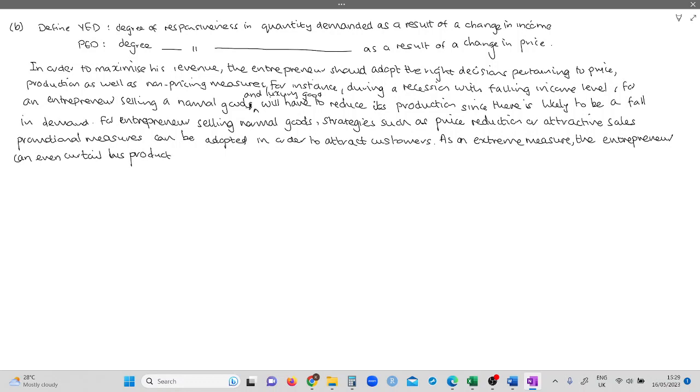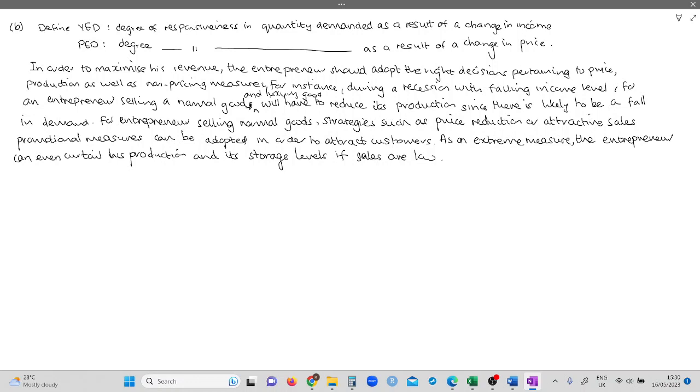Curtail here means reducing its production and its storage levels if sales are low. So now we are talking about luxurious goods or even normal goods.